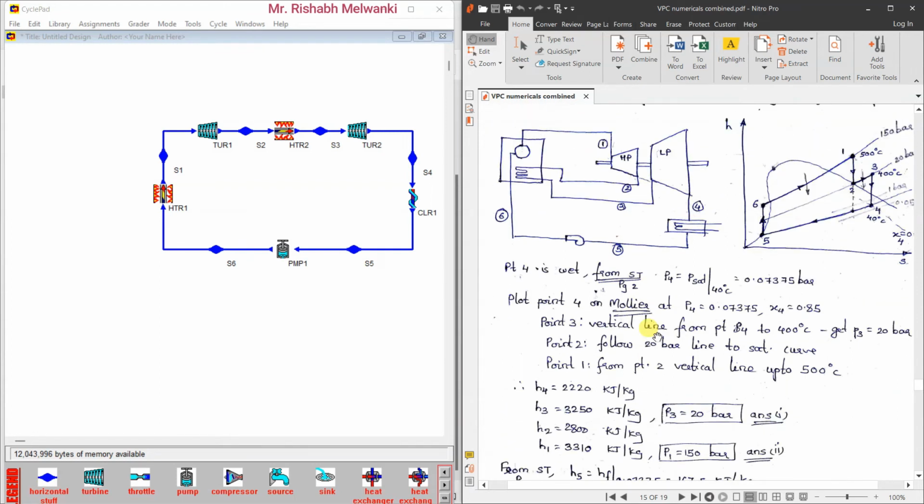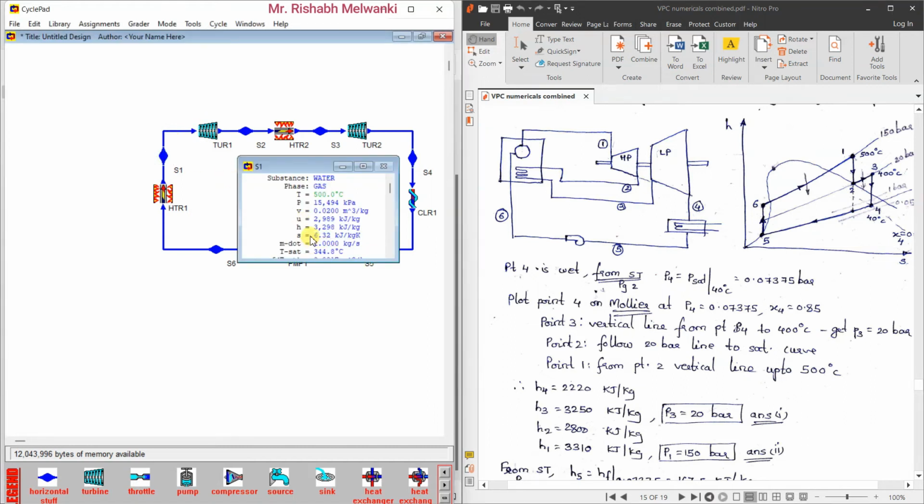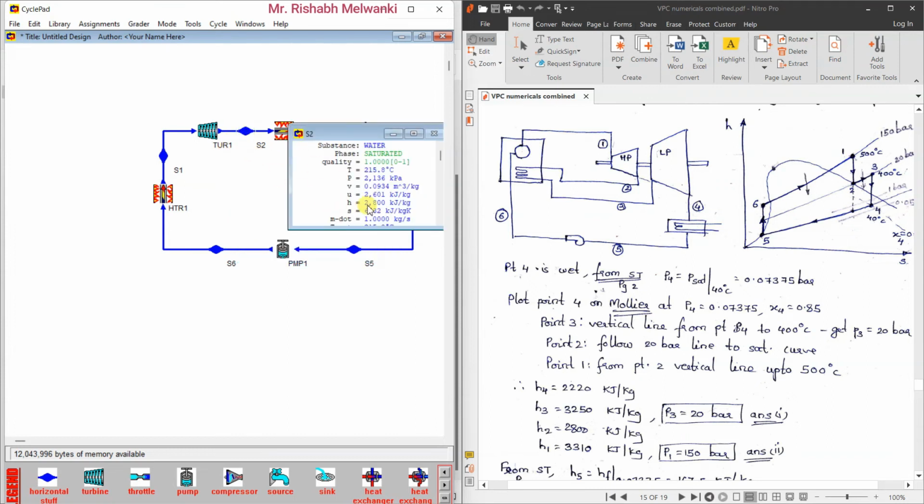If you consider H1, before entry to the HP turbine, this value is 3298 kilojoule per kg. Here we got 3310. This is due to manual error while using the Mollier diagram, so the value by the software will be more accurate. Then H2 value, here you see it is 2800 kilojoule per kg.